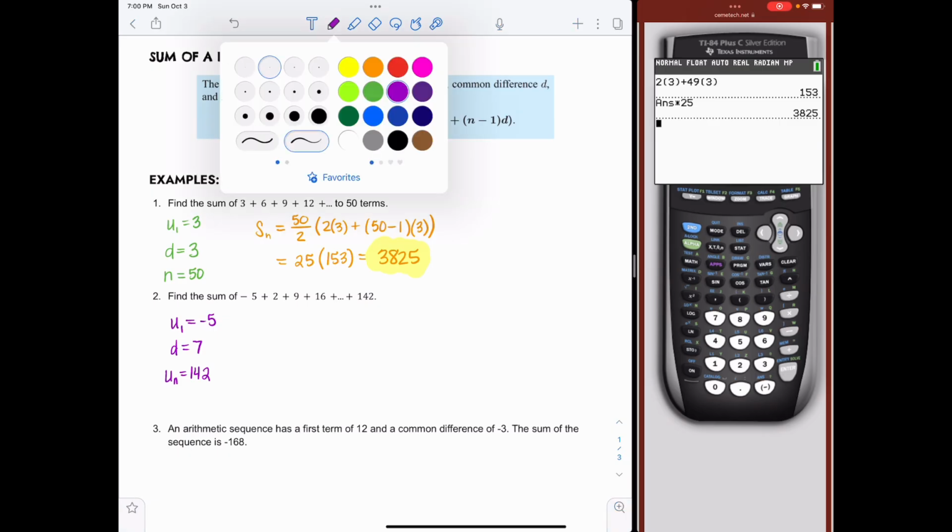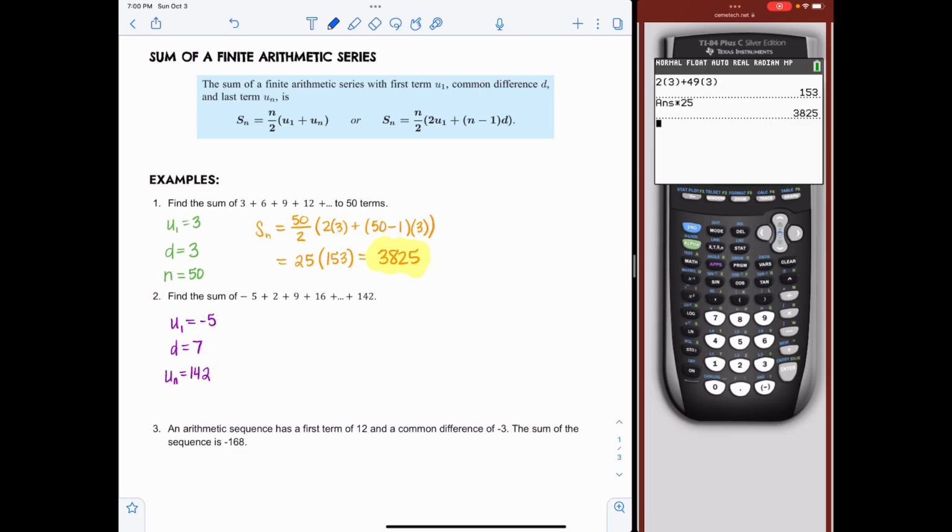In order to do that, we're going to have to take a simple step here. It tells us that U sub n is 142. So we could say U sub n is equal to U sub 1, which is -5, plus n minus 1 times the common difference of 7.